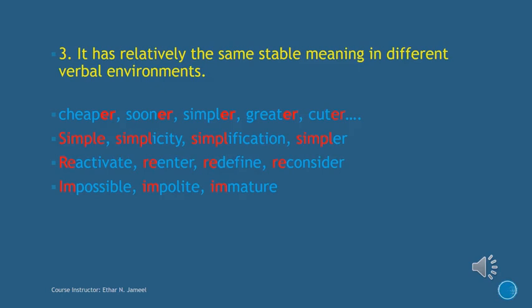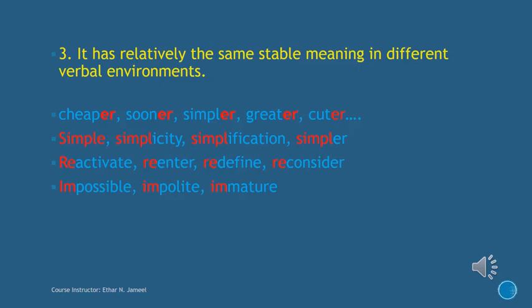Let's take examples. The morpheme er. Er is a morpheme that has the meaning of comparison, and this morpheme is usually attached to adjectives to make a degree of comparison.